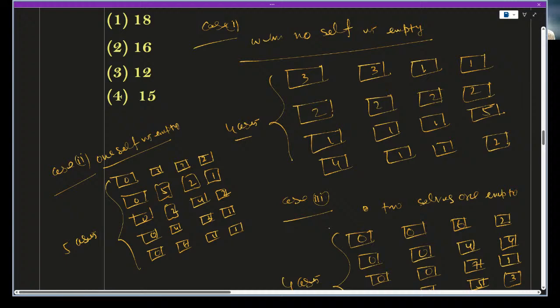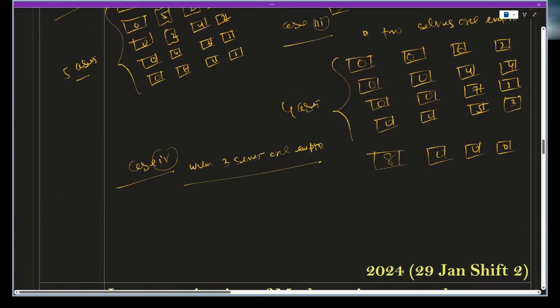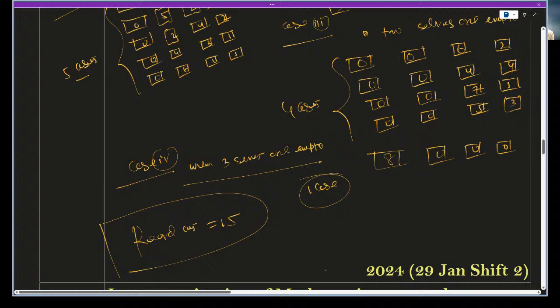Check once. 3 2 2 1. Yes. So 4 plus 1 case, 5 cases. 5, 10, 14 and this is 1 case. 15 cases are there. So the required answer will be 15. Isn't it? Clear?